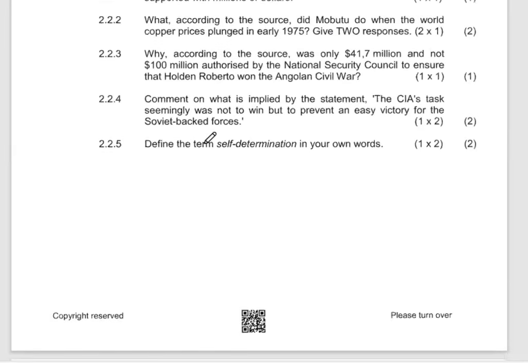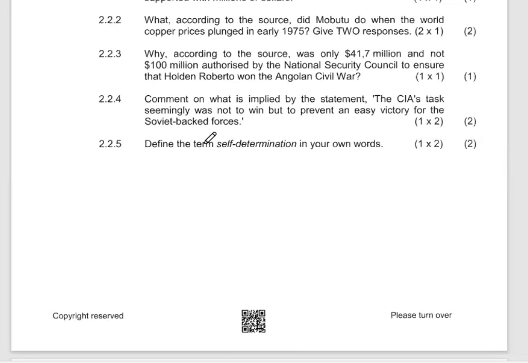It says, comment on what is implied by the statement: CIA's task seemingly was not to win, but to prevent an easy victory for the Soviet-backed forces. What is the implication of that statement?